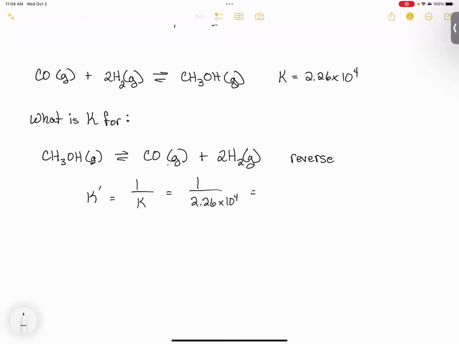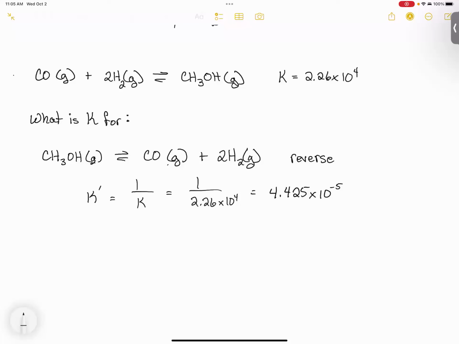Or in other words, our K prime comes out to be equal to 4.425 times 10 to the negative 5. You can always think, does this make sense? And yes, it does.